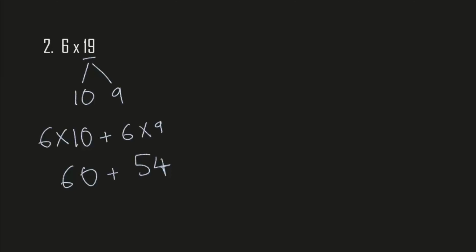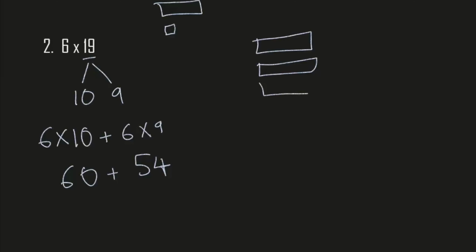Now, before we move on, let's make an array. So again, this represents 10, and this represents 1. Over here, we need to make 6 of the 10s. So this 1, 2, 3, 4, 5, and 6.